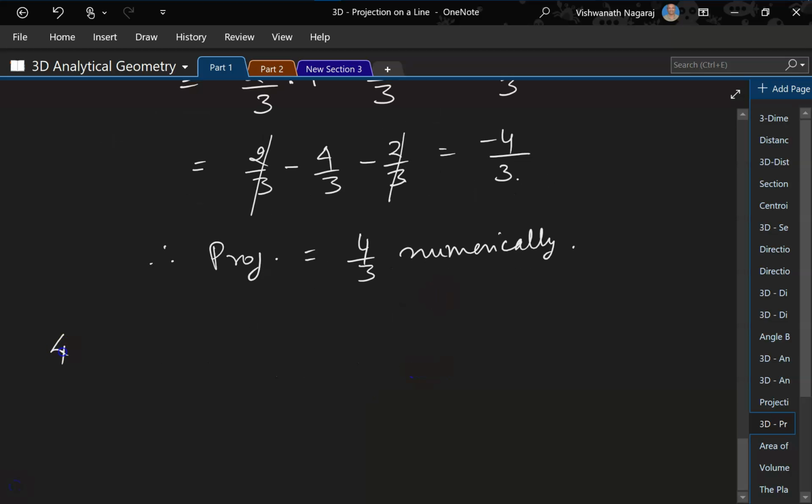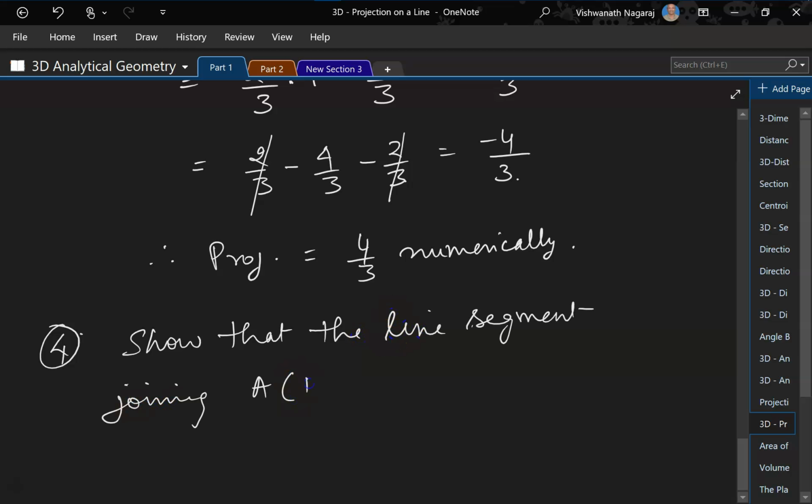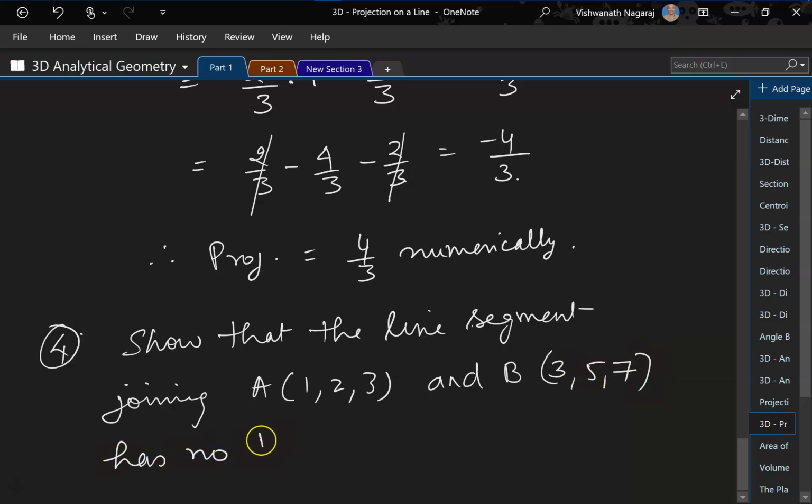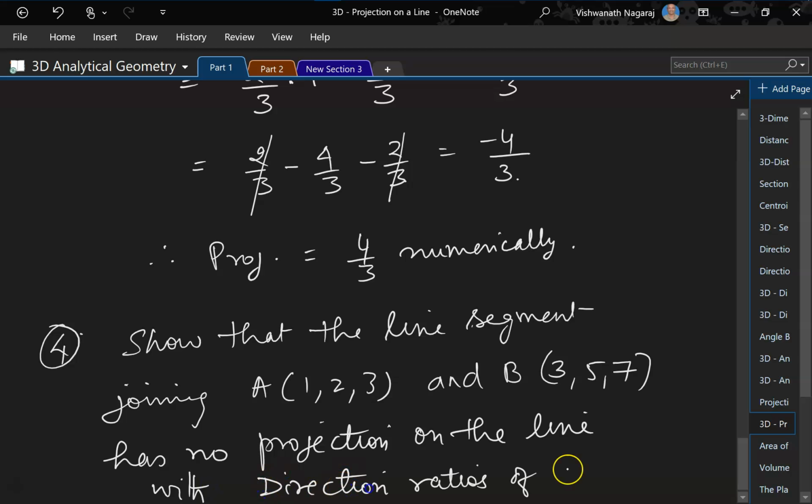Okay, fourth one. The line segment joining A(1, 2, 3) and B(3, 5, 7) has no projection on the line with direction ratios 1, 2, -2.